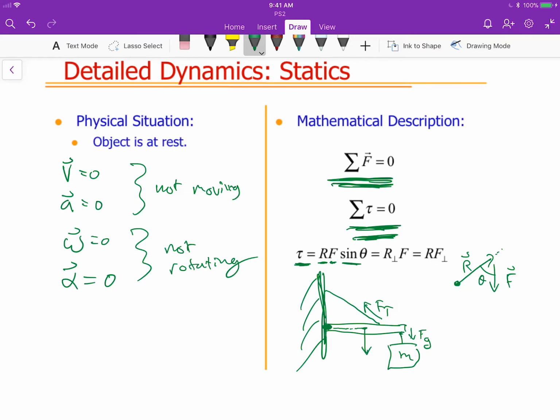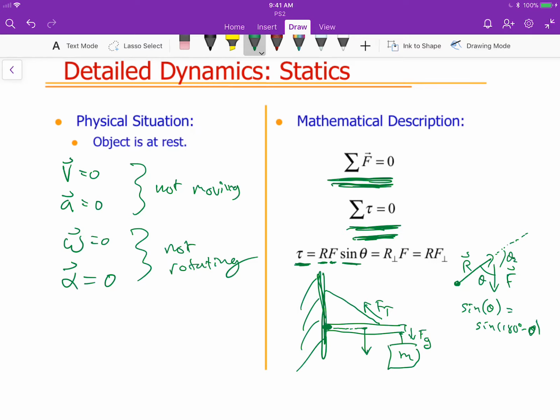Mathematically, if we want to use sine of theta 2, it would be the same, because the sine of theta is actually equal to the sine of 180 degrees minus theta. That's just a mathematical thing, so you can't really mess up which angle you use when calculating the torque like this.